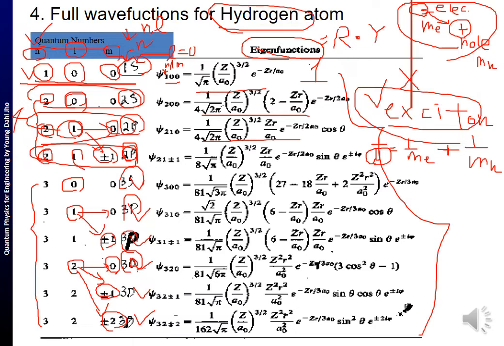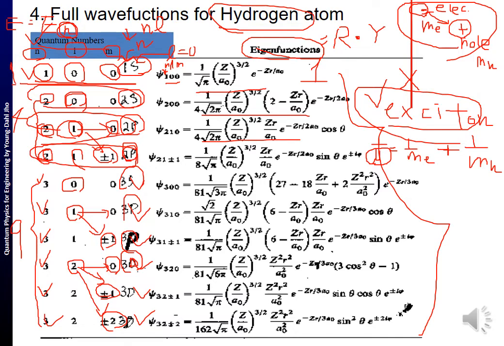Here we actually have 1, 2, 3, 4, 5, 6, 7, 8, 9. So it was 9 different states. But please remember that the energy depends on n, only n.